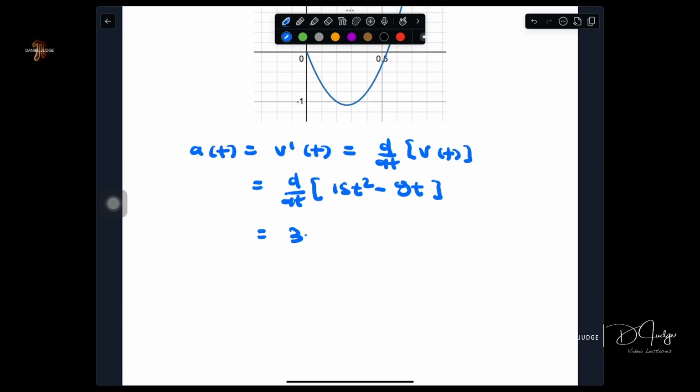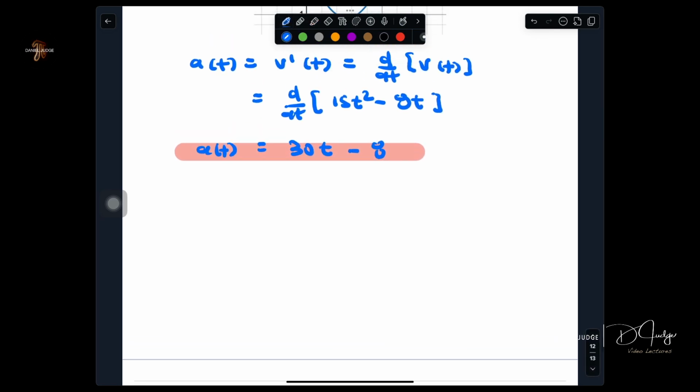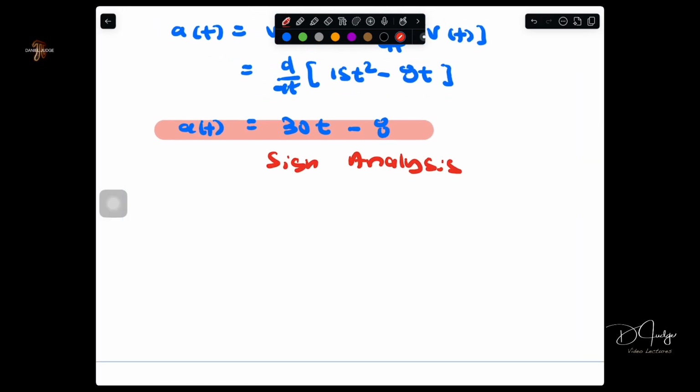When I differentiate, we get 30t minus 8. Here's our acceleration function. This is what we have to perform sign analysis on. So you've got sign analysis on the acceleration function.